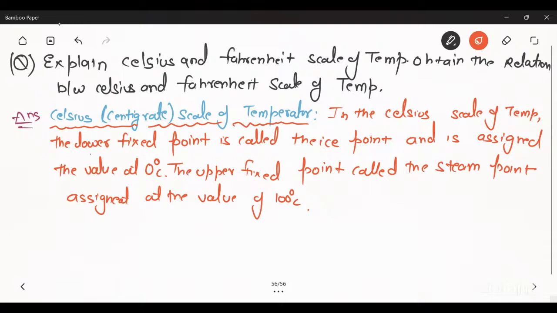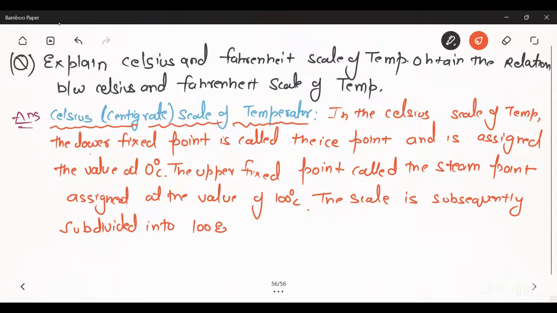The scale is subsequently subdivided into 100 equal parts, each one corresponding to 1 degree Celsius.